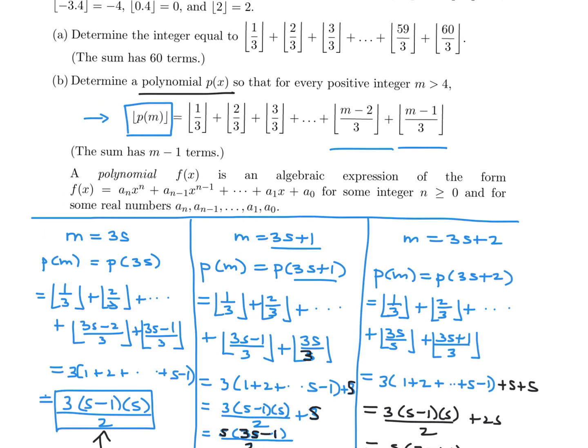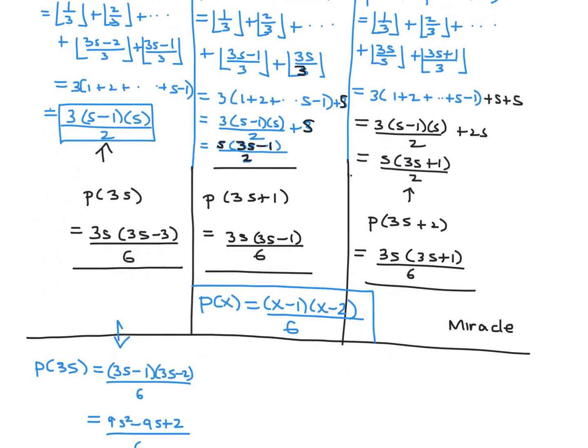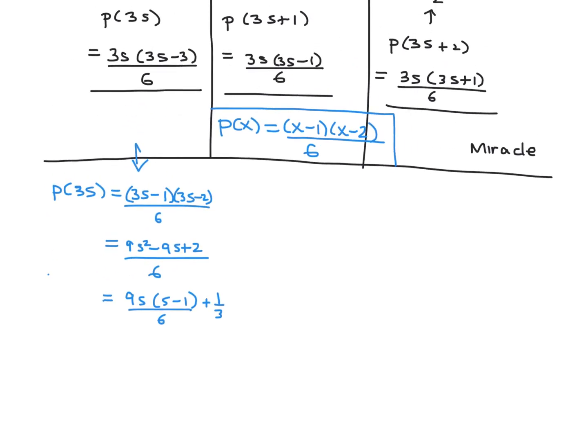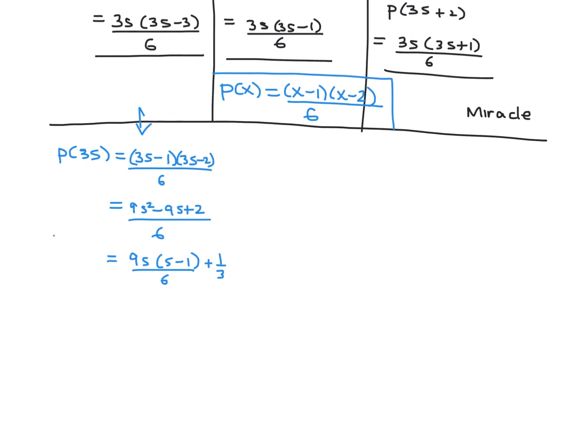I think I didn't include that symbol throughout the question, but you guys understand that at the end we have to take the floor. So if we take the floor of this guy, so if we take P3 at s like that, then it's really the floor of this whole thing, 9s times s minus 1 over 6 plus 1/3. And when you do that, the 1/3 goes away and you just get 9s times s minus 1 over 6, like that.